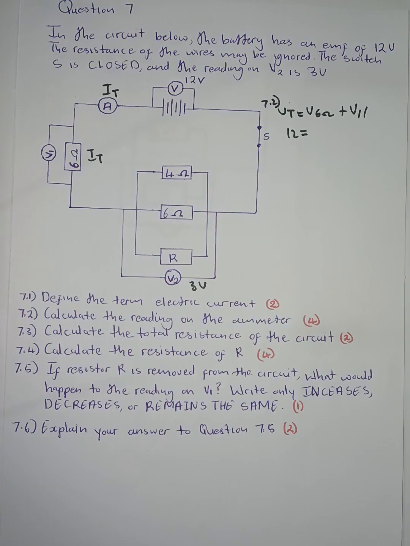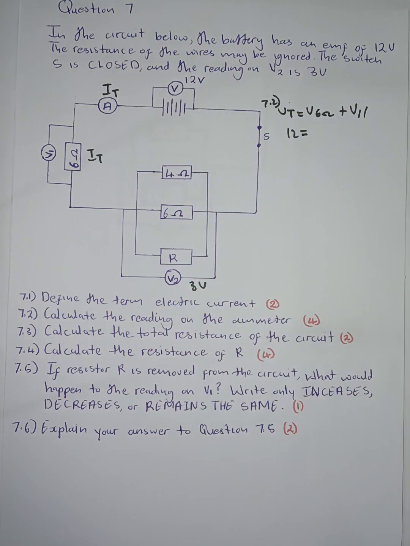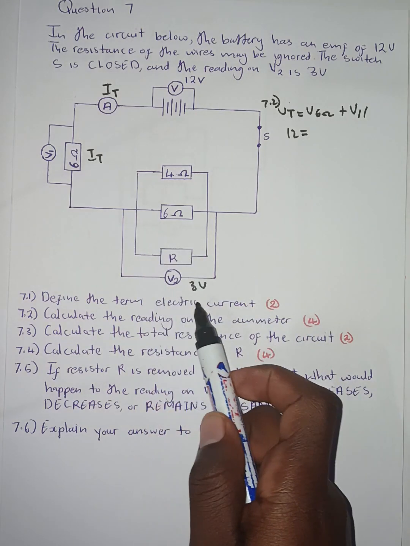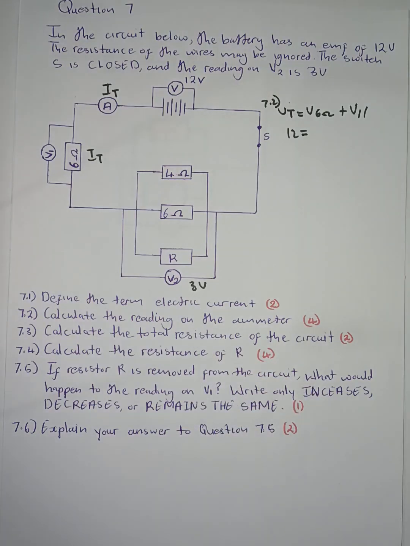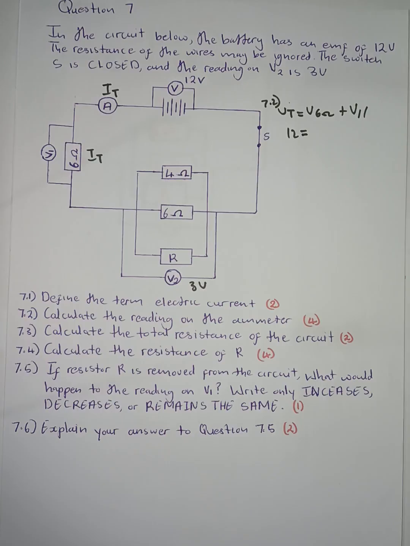The reason I'm avoiding Ohm's law with the 12 volts is that I would need the equivalent resistance in our circuit, but I have an unknown there. So I would have R as an unknown in the equation, and I would also have the current as an unknown.